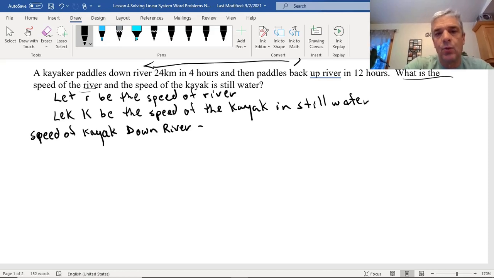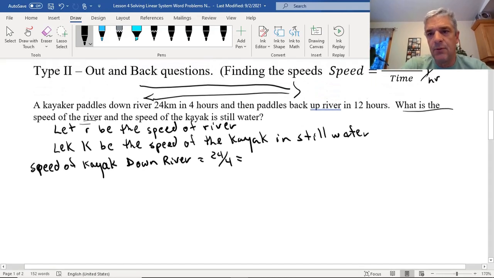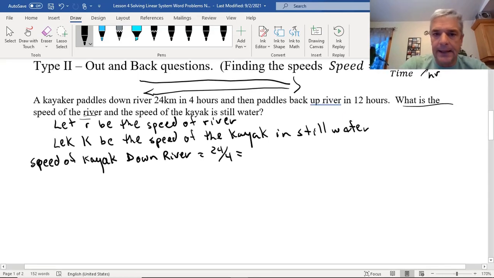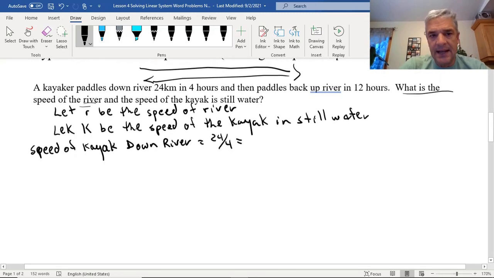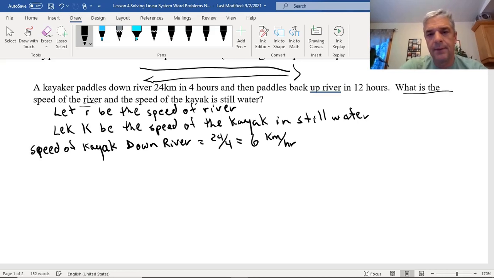So in this case it equals 24 over 4, which equals how many kilometers did they travel in 1 hour is really what you're saying. Well, remember speed is distance divided by time. So that's where I came up with this 24 divided by 4. This is sort of like a common sense thing, but a lot of kids really struggle with this aspect, right? But in this case, going downriver, the speed of the kayak was 6 kilometers per hour, okay? That's how fast the actual kayak went downriver.